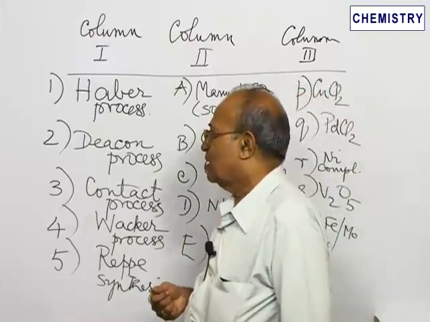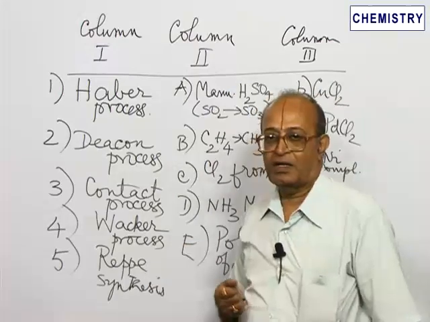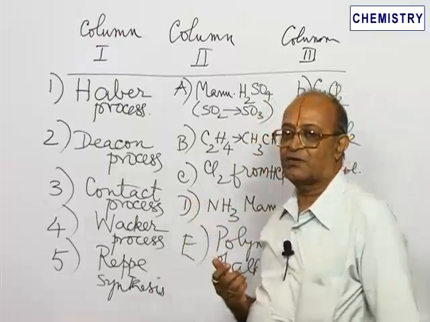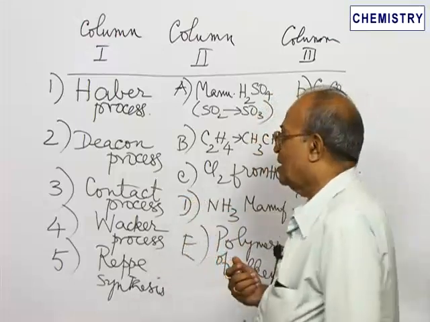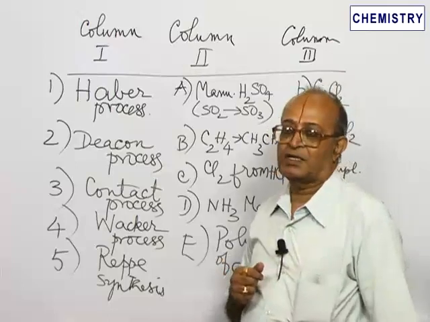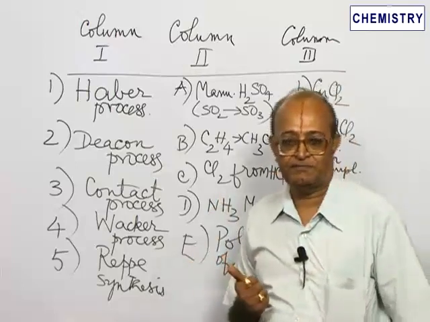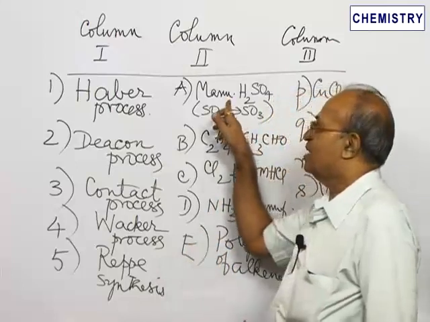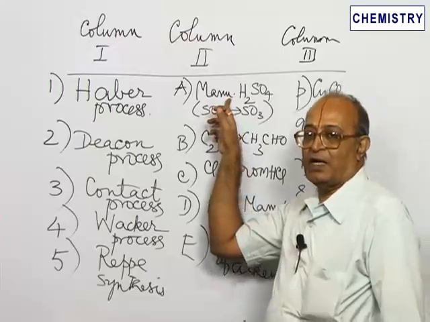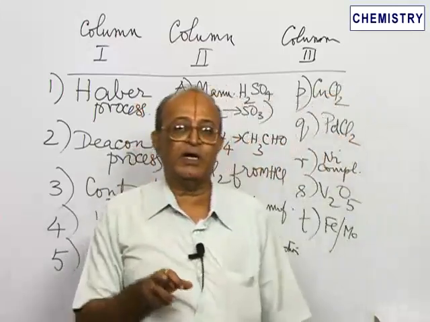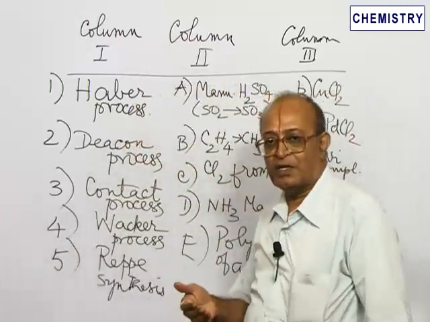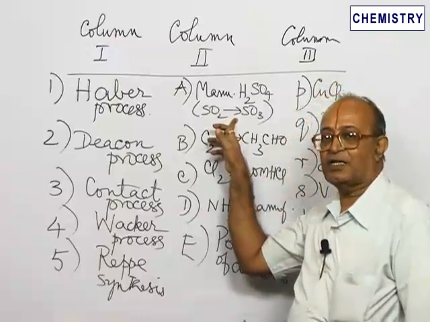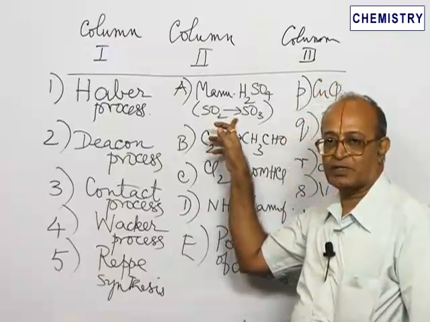Consider third, contact process. It's again just like Haber process, a well-known process which you are quite familiar with. Contact process is manufacture of sulfuric acid. So under column 2 you can notice A, manufacture of sulfuric acid. Now in contact process, the main point is we convert sulfur dioxide to sulfur trioxide. That is the main principle in contact process.